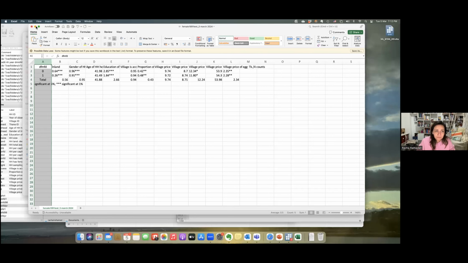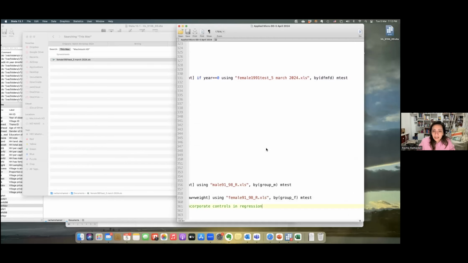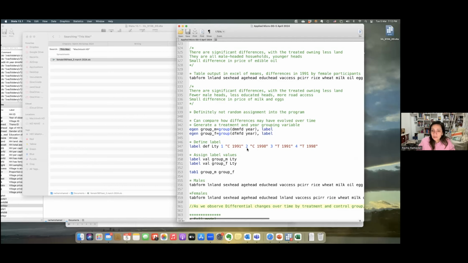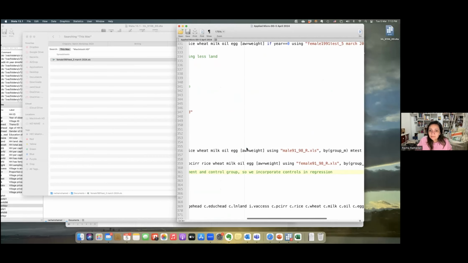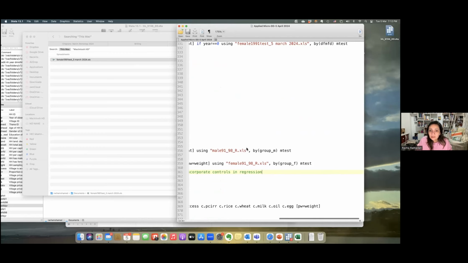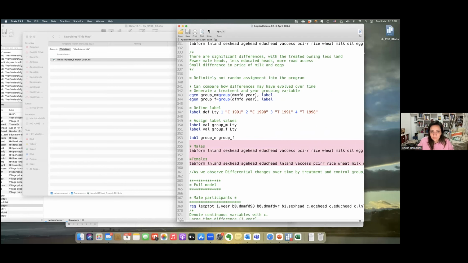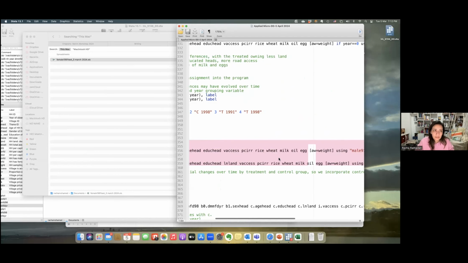So here I created this variable with different categories for being control and treated in the different years, and I will run the same exercise, okay, for male and female. I will show only the female to compare the two Excel files.